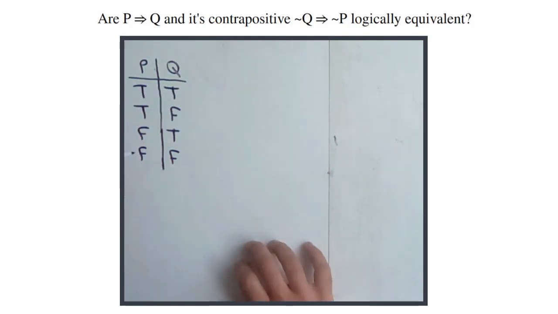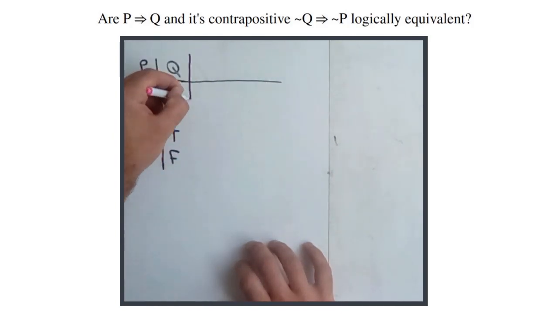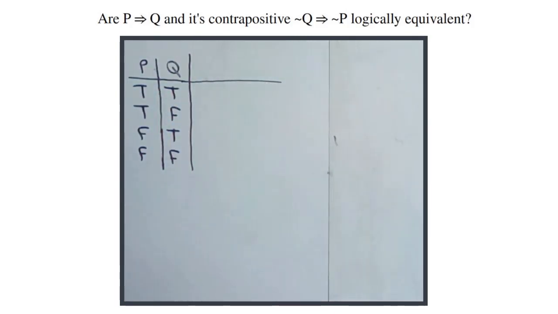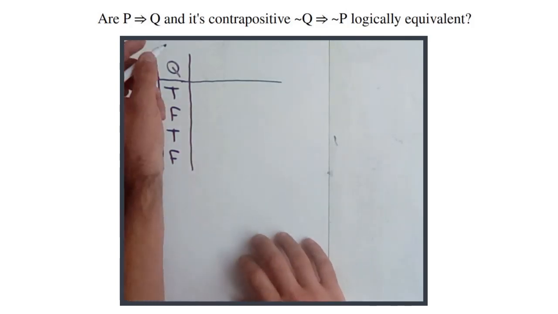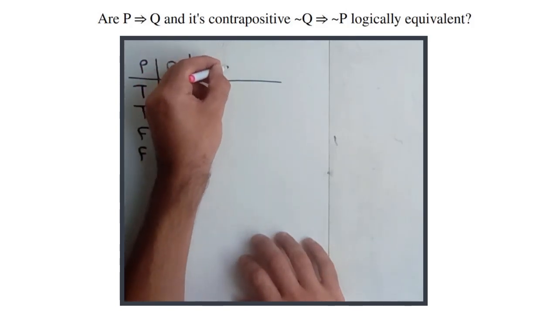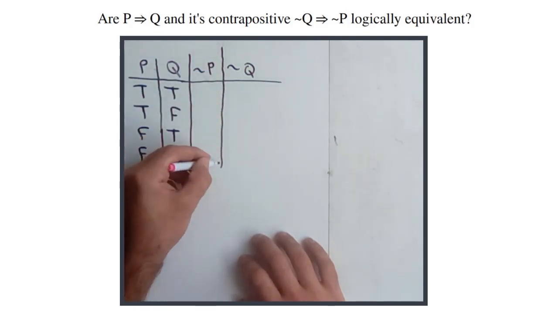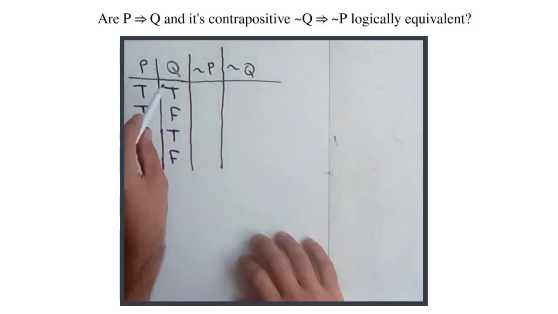So P and Q, then I'm going to build up to my last 2 columns, which are going to be P implies Q and the negation of Q implies the negation of P. Those are the 2 that I want. So now I have the negation of P and the negation of Q. When P is true, the negation of P is false. So if P is true, not P is false.